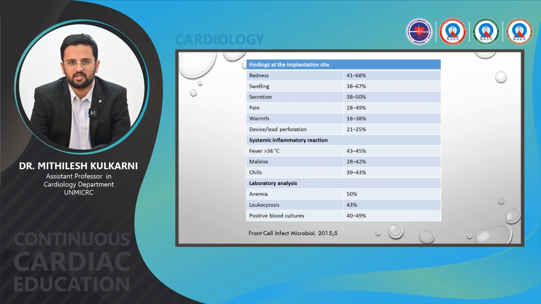In local findings, again for your revision, redness is in 41 to 68% cases. The swelling, secretion, pain, warmth and device or lead perforation. The systemic inflammatory reactions are fever, that is more than 38 degrees centigrade, malaise and chills. If we draw a blood and send it for analysis, it will show anemia, leukocytosis and positive blood cultures.